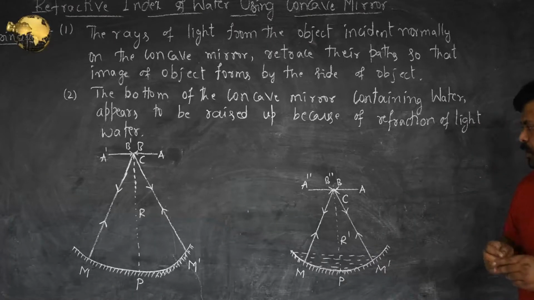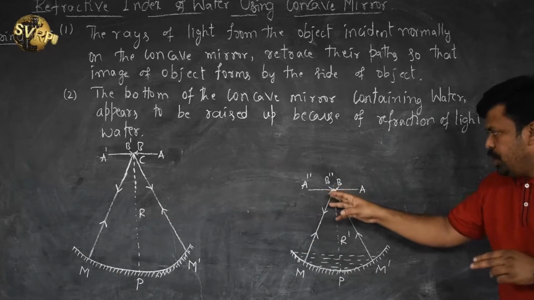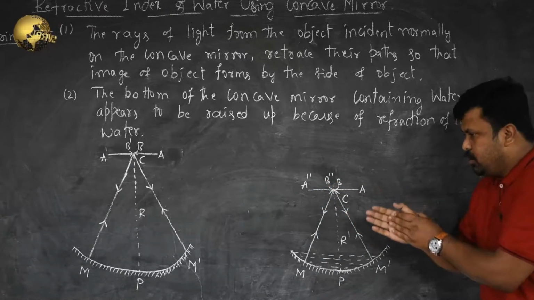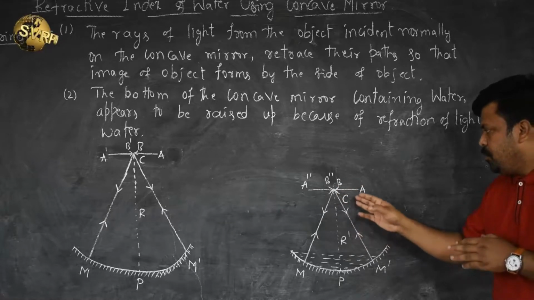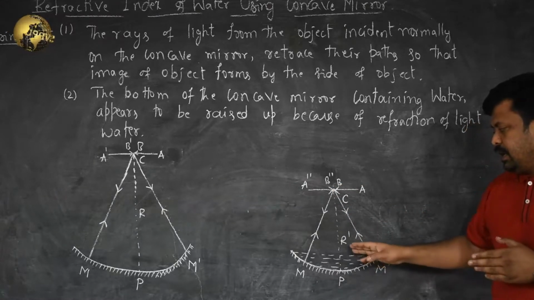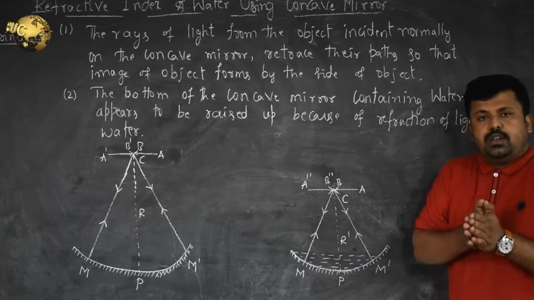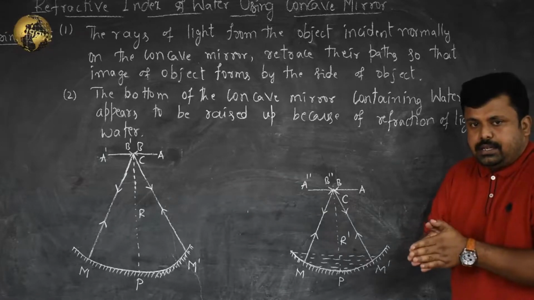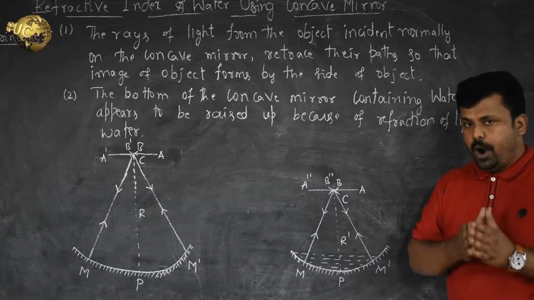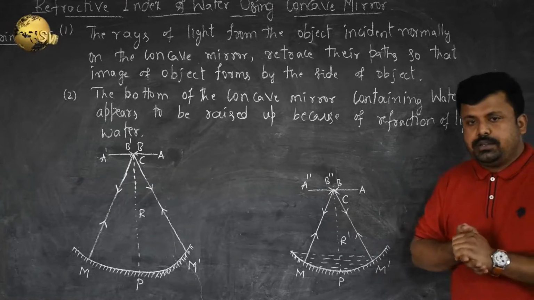So you can see the object AB, and the corresponding image A double dash B double dash is formed by the side of the object, and the corresponding reading we take as R dash. By finding the values R and R dash, you can calculate the refractive index of water. So let's start the experiment.